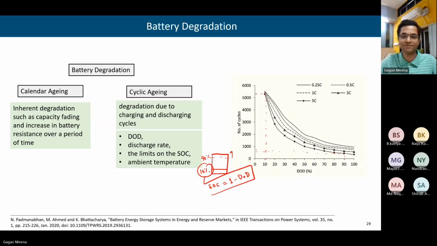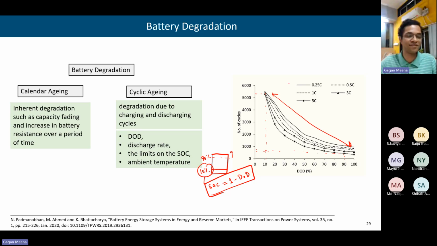If depth of discharge is 90%, that means the charge left is only 10%, and we keep on discharging it up to 10%, then the life cycle reduces to only 1,000 cycles. So the reduction becomes 1/5.